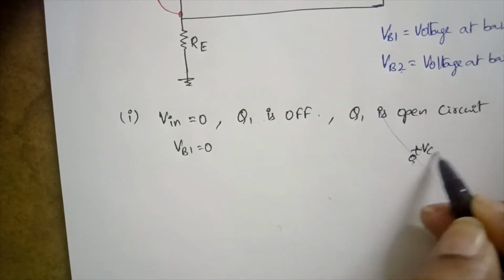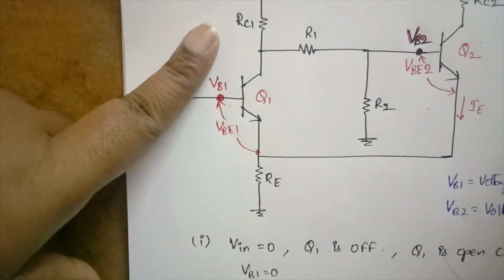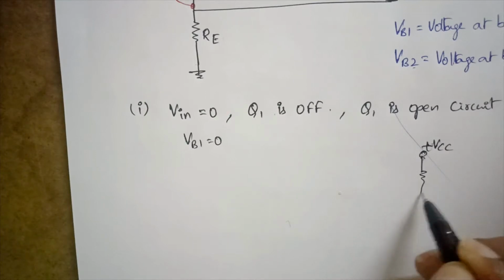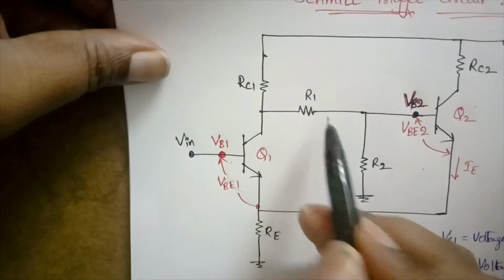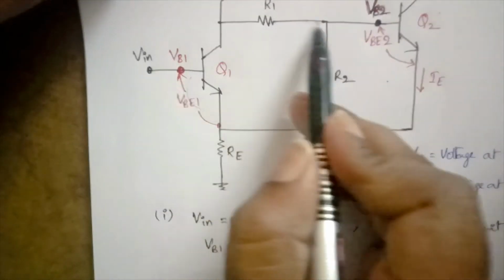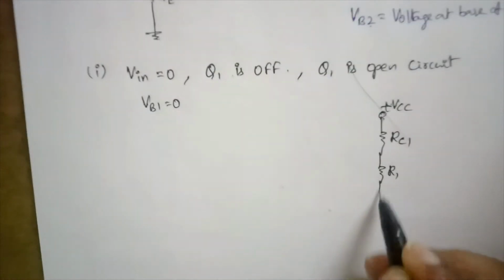This is VCC, and here we have RC1, which is connected to R1. Then R1 is connected to R2, and it is grounded.